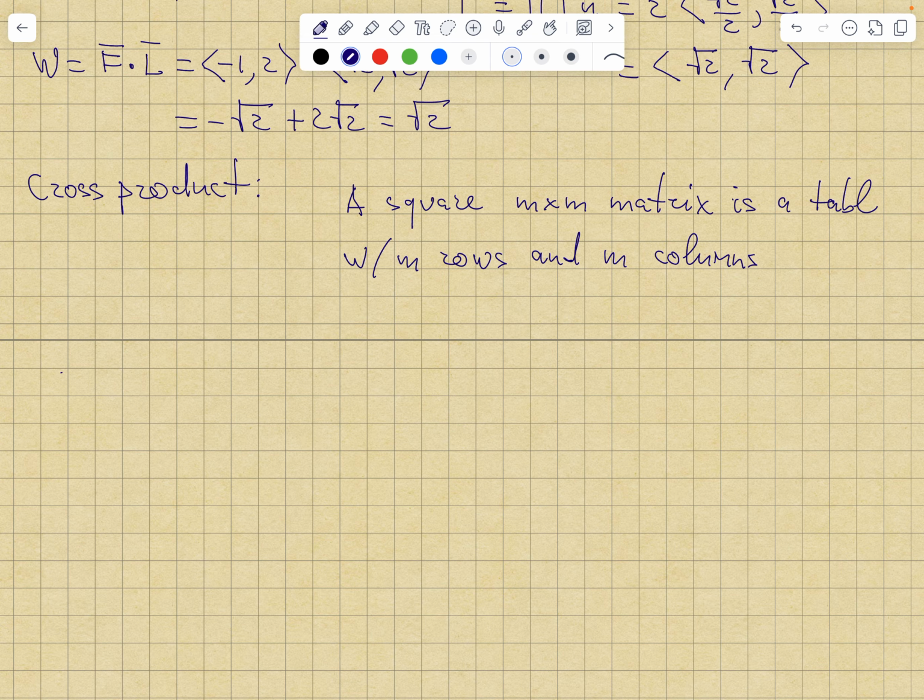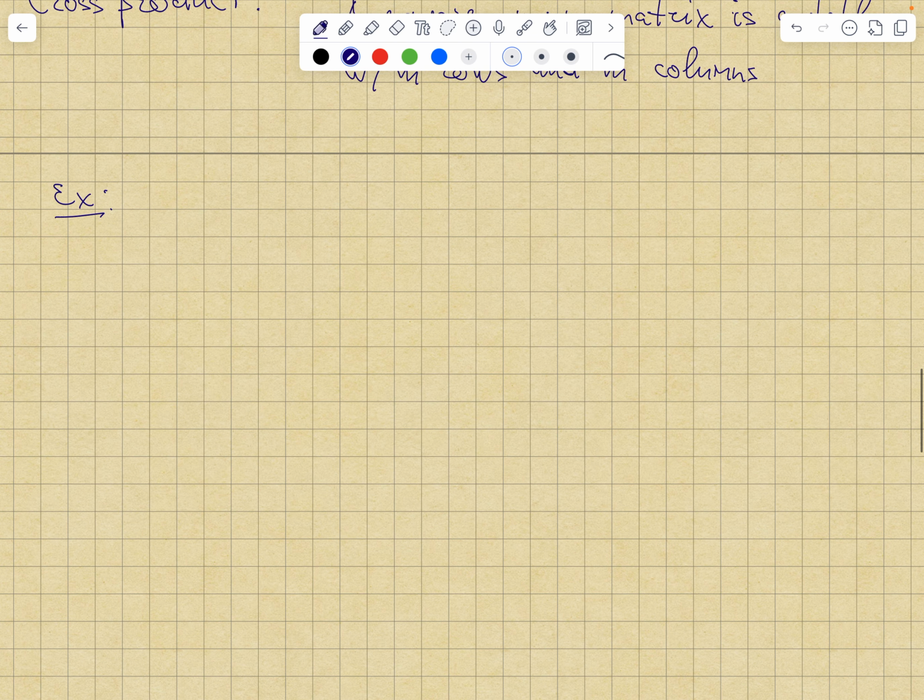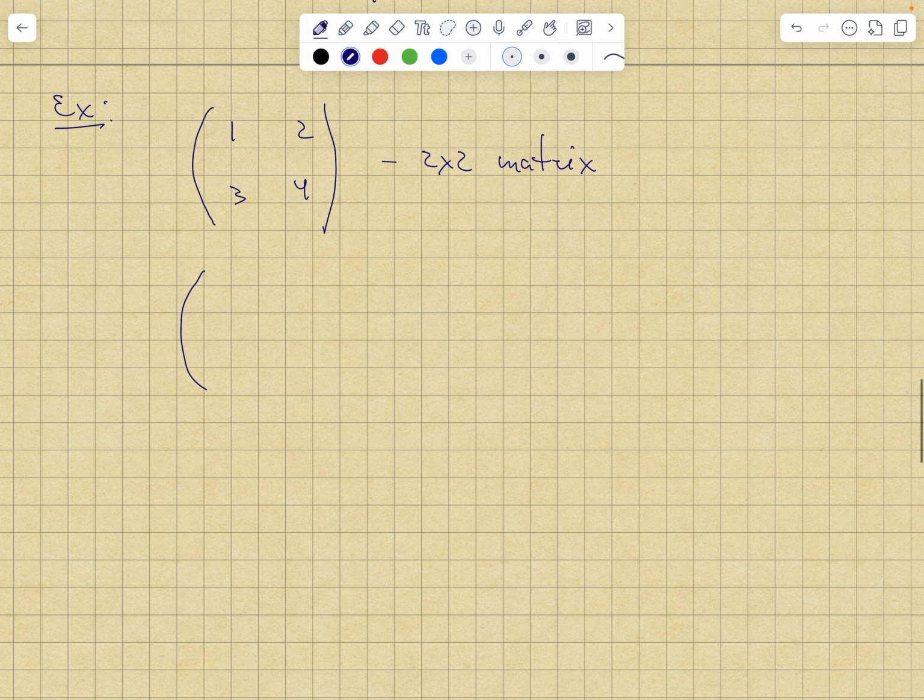So for example, something like this, 1, 2, 3, 4 is a 2 by 2 matrix, and something like this, minus 1, 1, 0, 2, minus 1, 3, 4, 2, 1. That would be a 3 by 3 matrix.